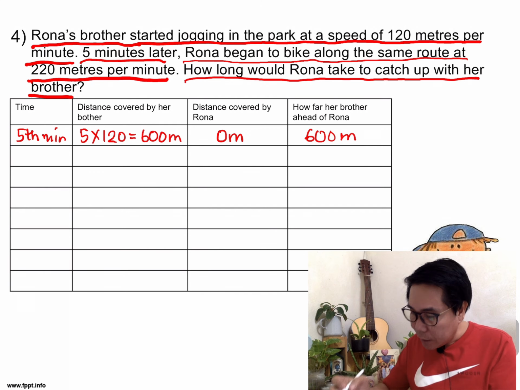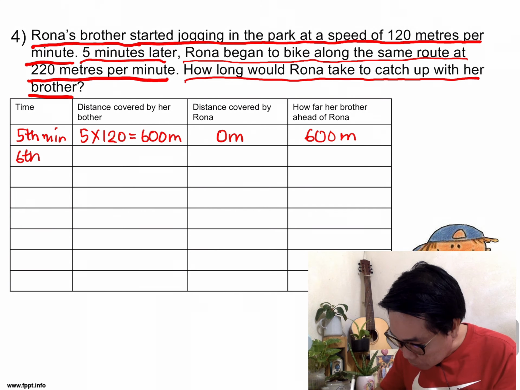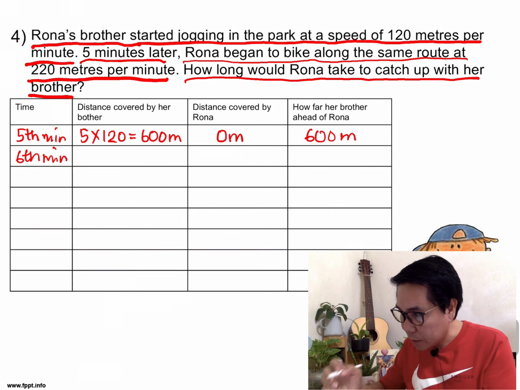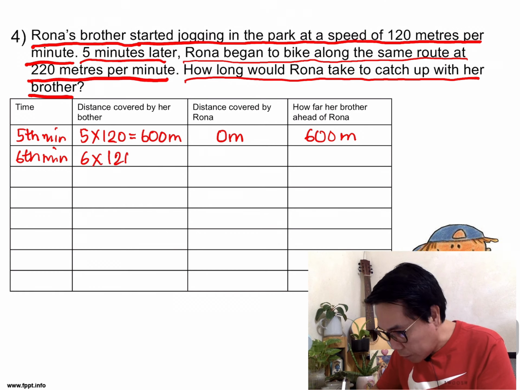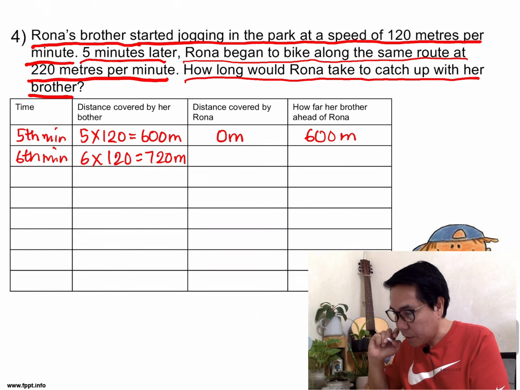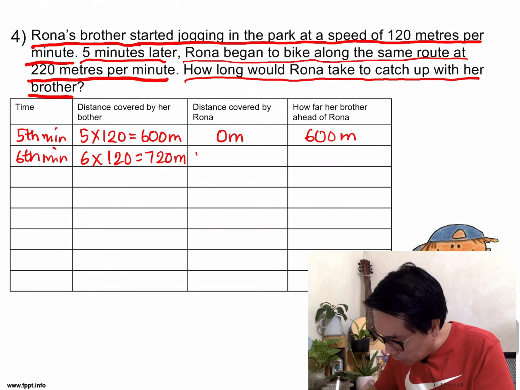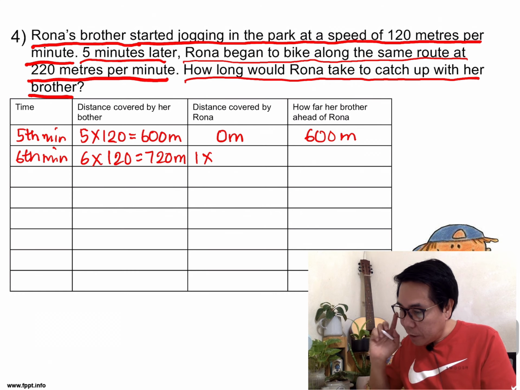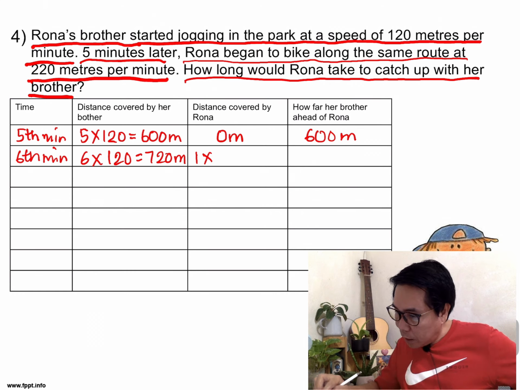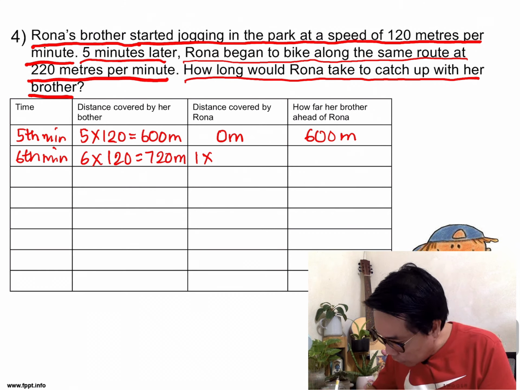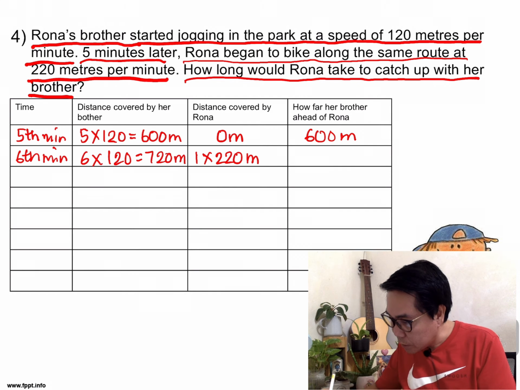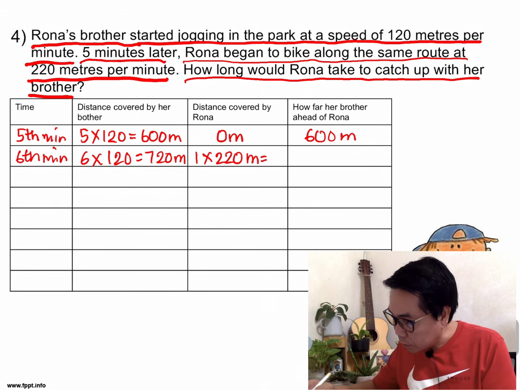Now in the sixth minute, we have 6 times 120 is 720 meters. For Rona, that is 1 times, remember, at a rate of 220 meters per minute, so 1 times 220 is 220 meters.